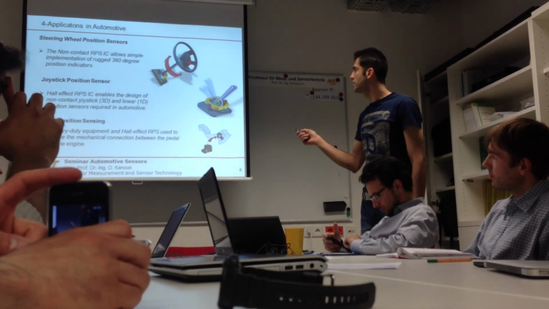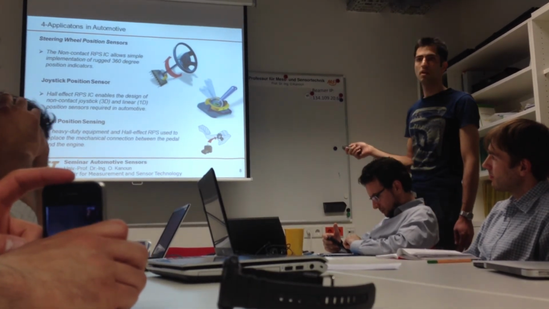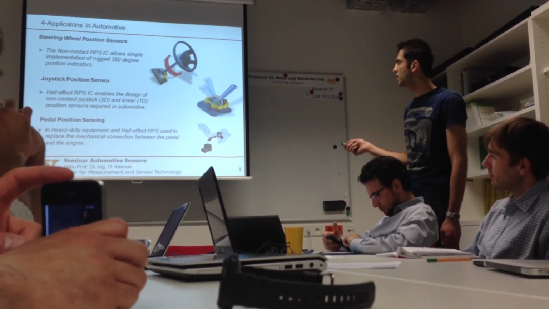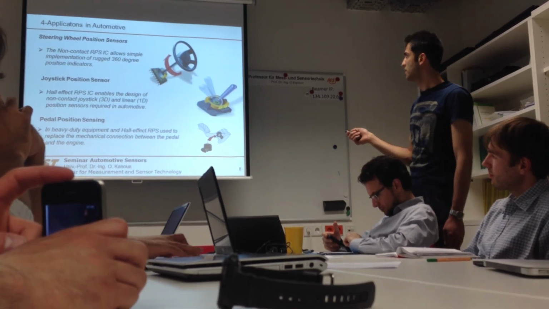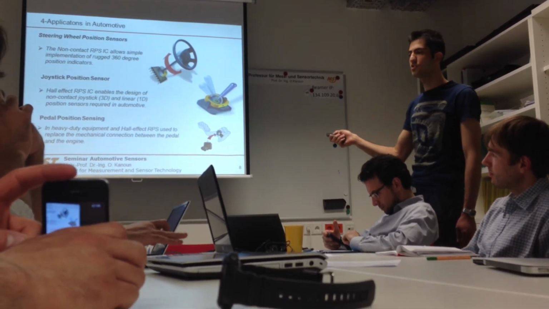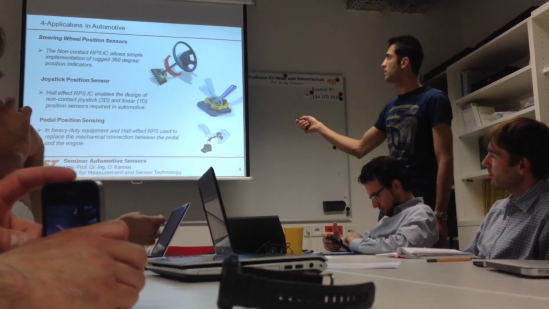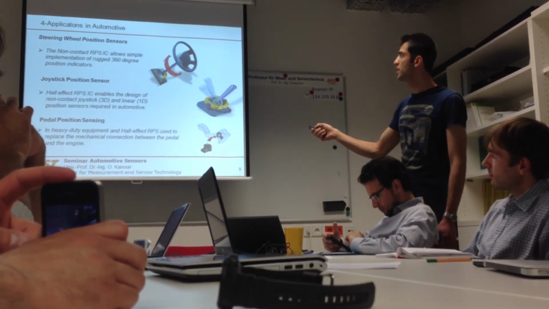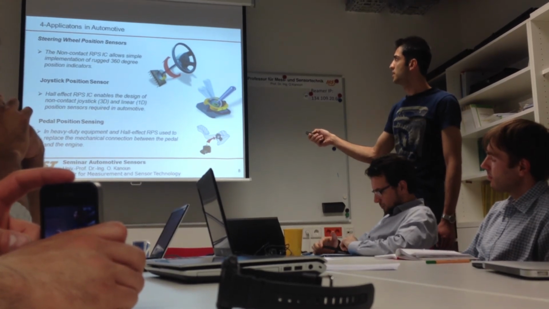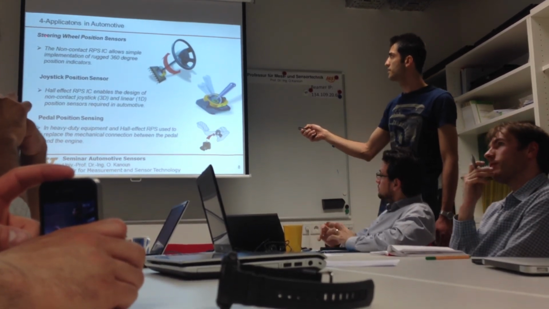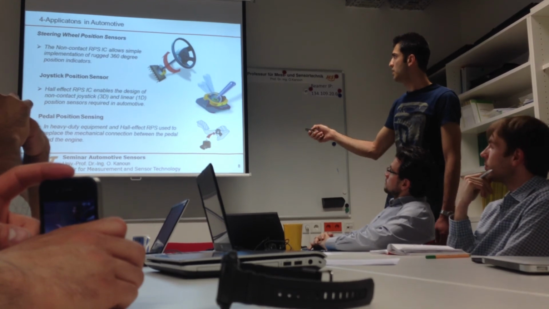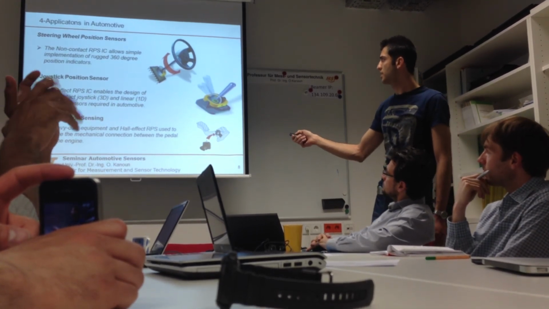As you can see, with the help of such an IC, we can remove mechanical connections and movable parts in a car. We can create a steering wheel position sensor, a non-contact steering wheel, or a non-contact joystick.